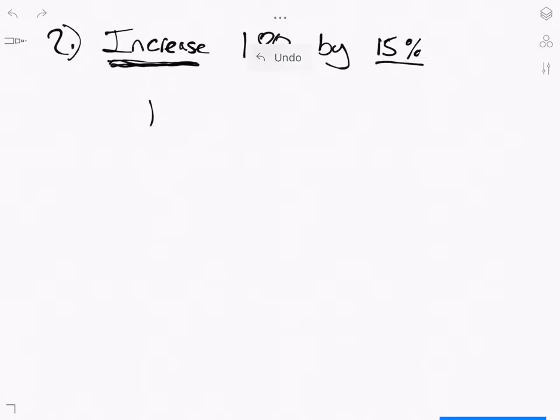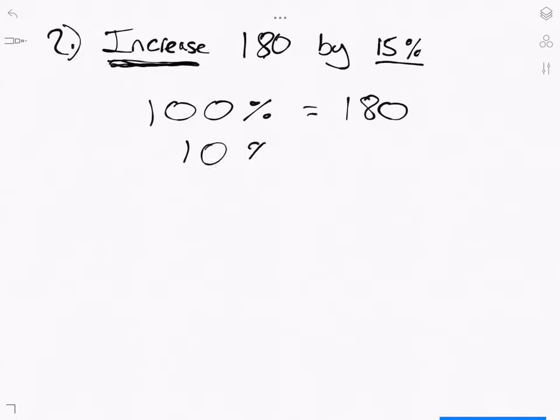So I'm going to say 100% is 180, just like the last one. And again, lots of ways to do it, but I'm going to find 10% and 5% and add them together. You could find 1% times by 15. You could do it maybe 3 lots of 5%. But I'm going to find 10% by dividing by 10.